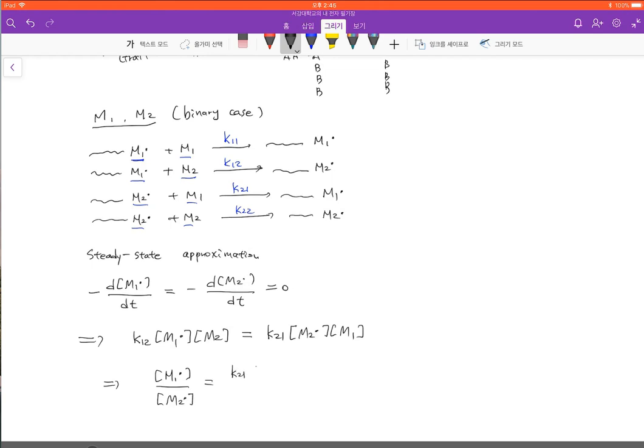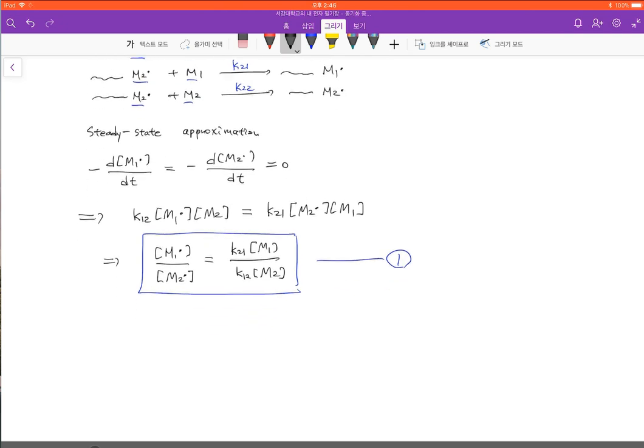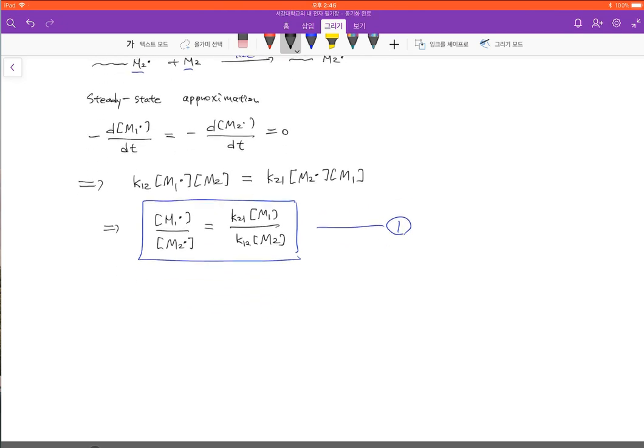So if you rearrange it, you have the ratio between the two different radicals, M1 dot and M2 dot, which is K21 M1 over K12 M2. Okay, this is the first equation. This is the ratio of the radical concentration.